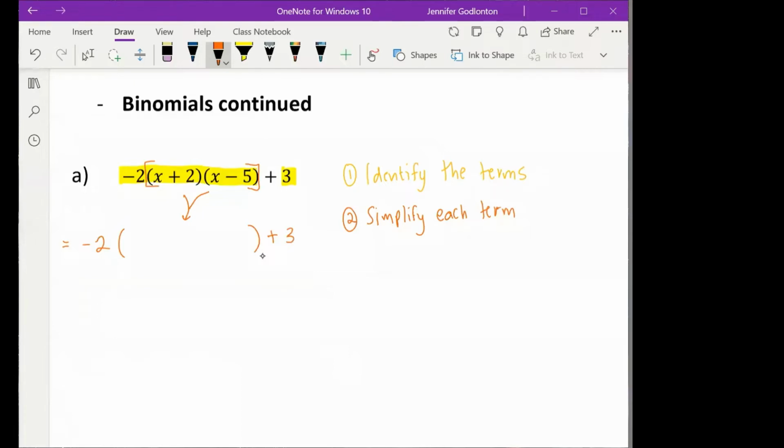Okay, Ezekiel's come in with an answer. So Ezekiel, when we have an x and we have to multiply by another x, we automatically are going to get an x squared. So that means that somewhere in here, I'm going to have an x squared.